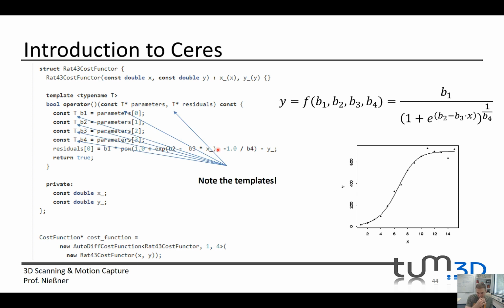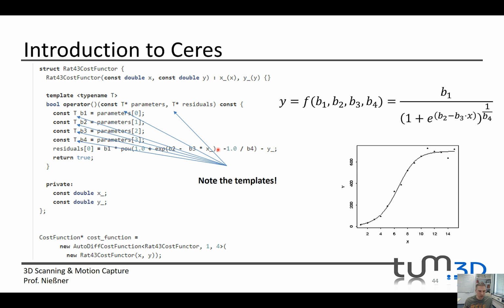Okay, again, note the templates. That's very important, actually. Okay, so I want you to have a look at this one. I think this is very instructive if you're trying it out yourself and coding it up. But then also, based on what we have learned in this lecture, we should know how we can use these kinds of things and what they do under the hood, actually.